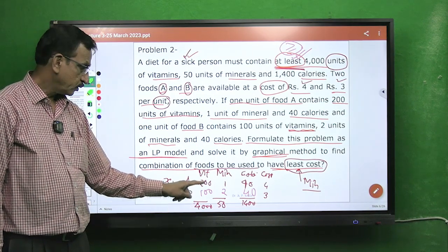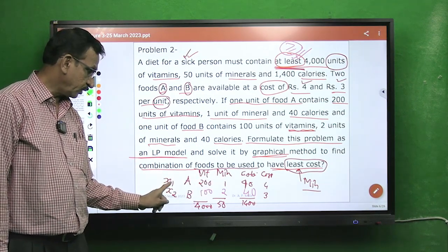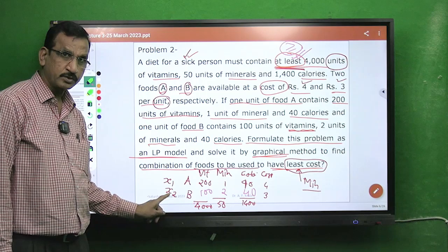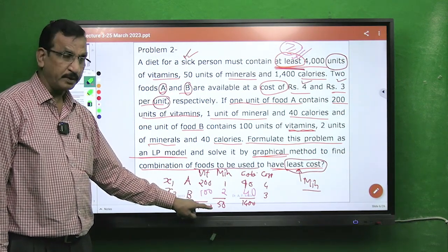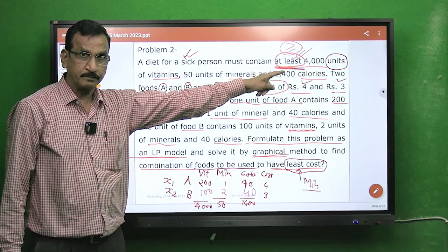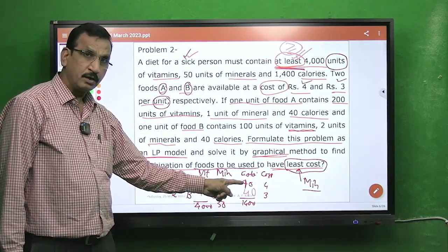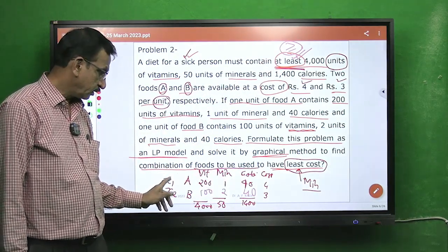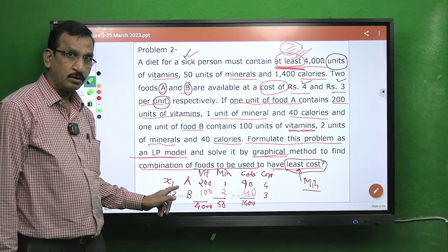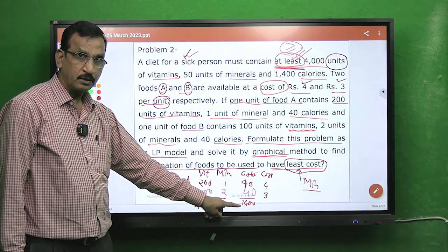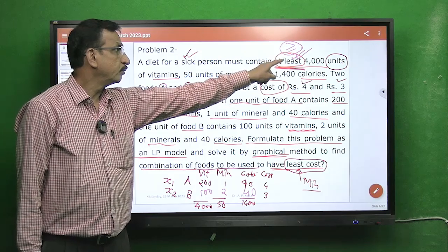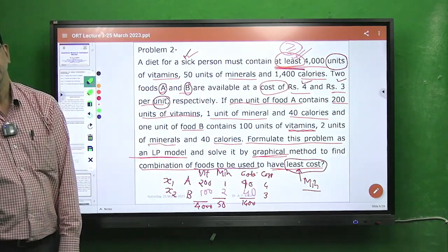Similarly, x1 + 2x2 ≥ 50, again at least sign. Third, 40x1 + 40x2 ≥ 1400 because of the at least sign.